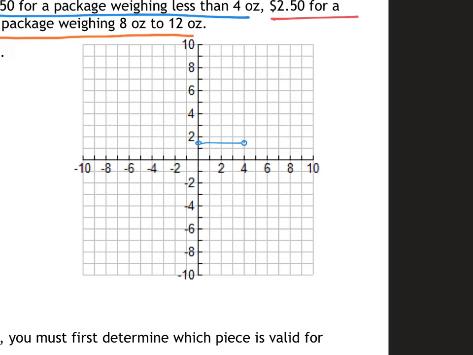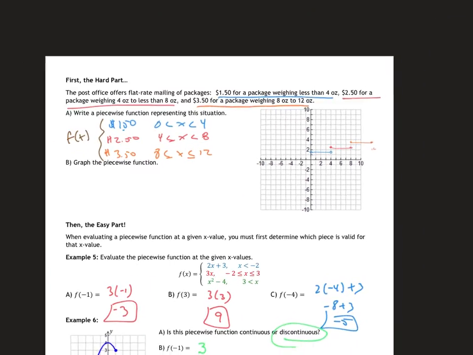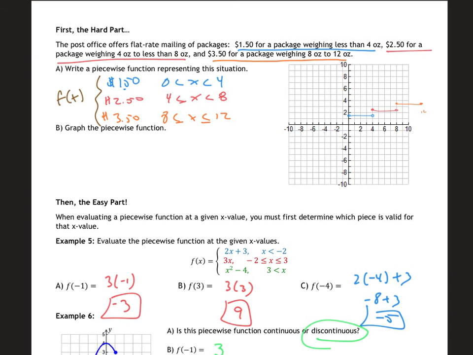And then if it's from 4 to 8, it's $2.50. So closed, and then this one was open. And then the orange one's gonna go from 8. $1.50, $2.50, and $3.50. So closed. We'll make this at 12. That's roughly 12. And you got your graph here. Cool? So it's just taking it and just applying it.